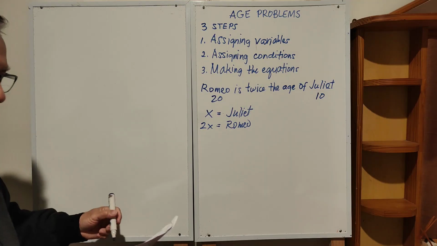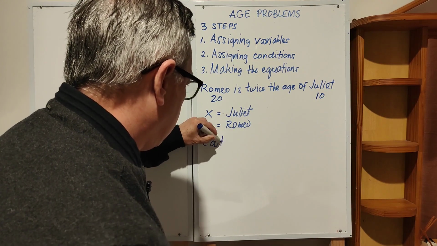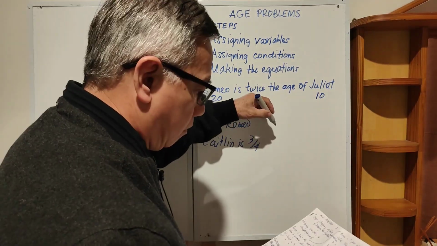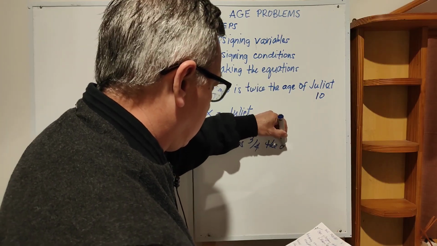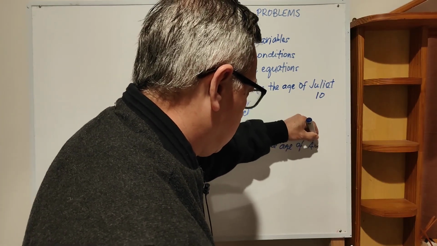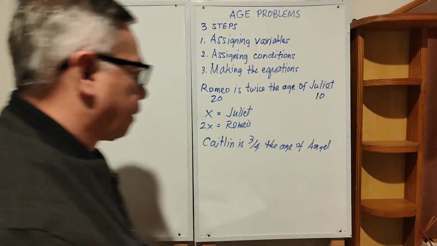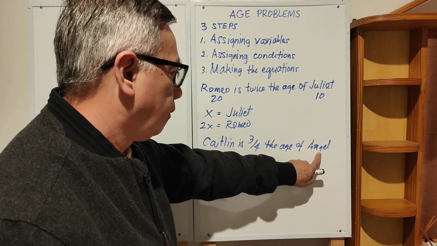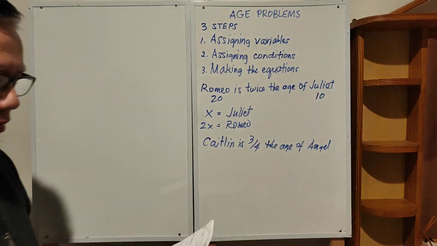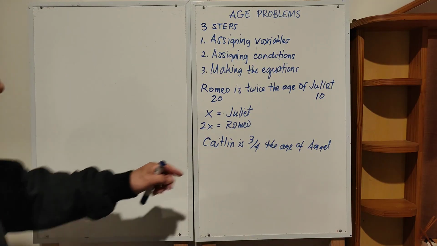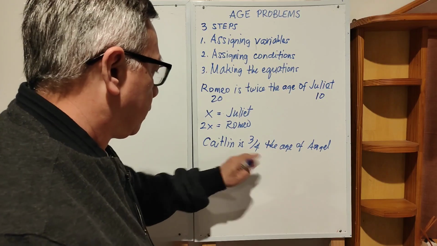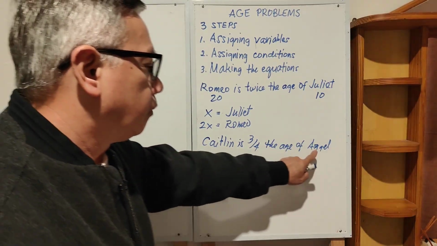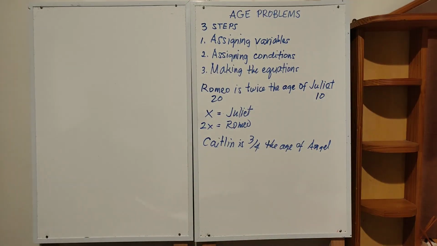So another example, if Caitlin is 3/4 the age of Angel, so if you multiply the age of Angel by 3/4, that would be Caitlin's age. So who is older? In here, the older person is Angel, because if you multiply that by 3/4, that would be Caitlin's age.